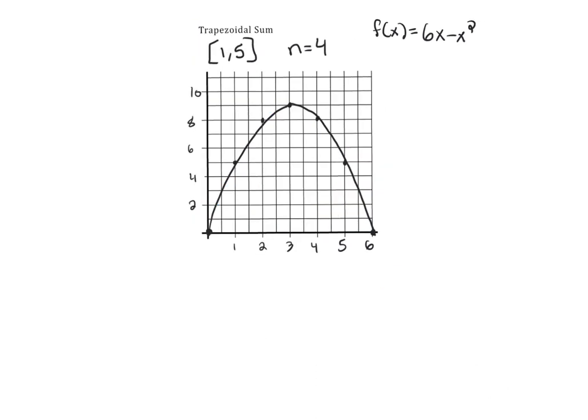And now for our final example. Same function, already graphed it. Now we're using a trapezoidal sum. And we're looking at the interval from 1 to 5, and then 4 intervals. So this will be an easy one where we're just looking at change in x being 1.